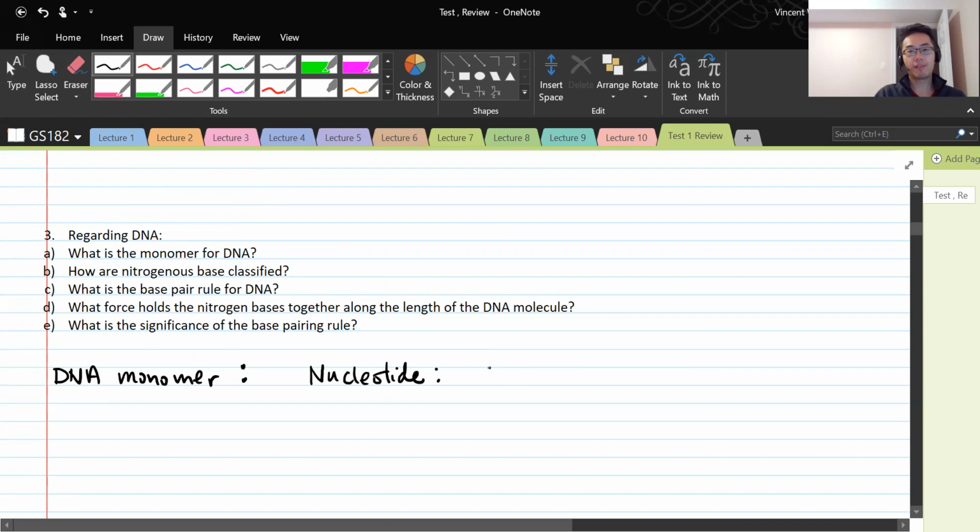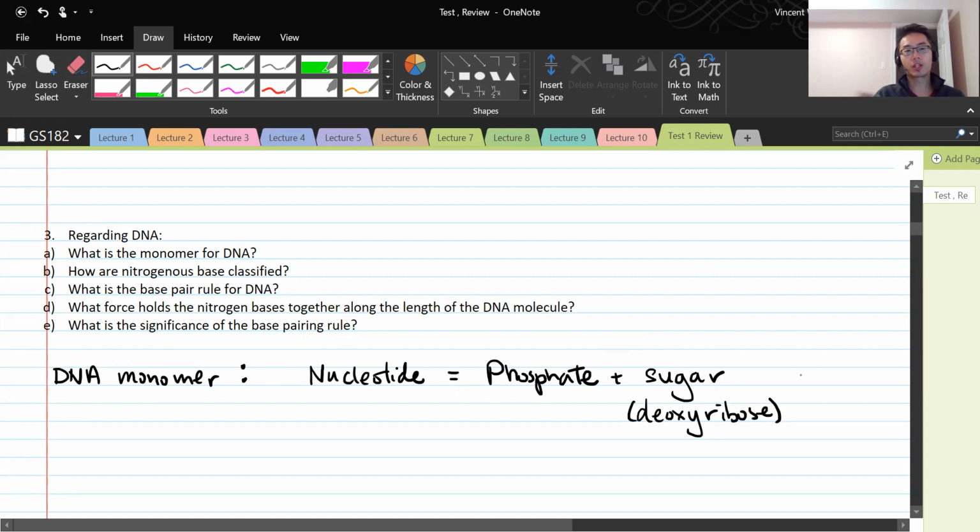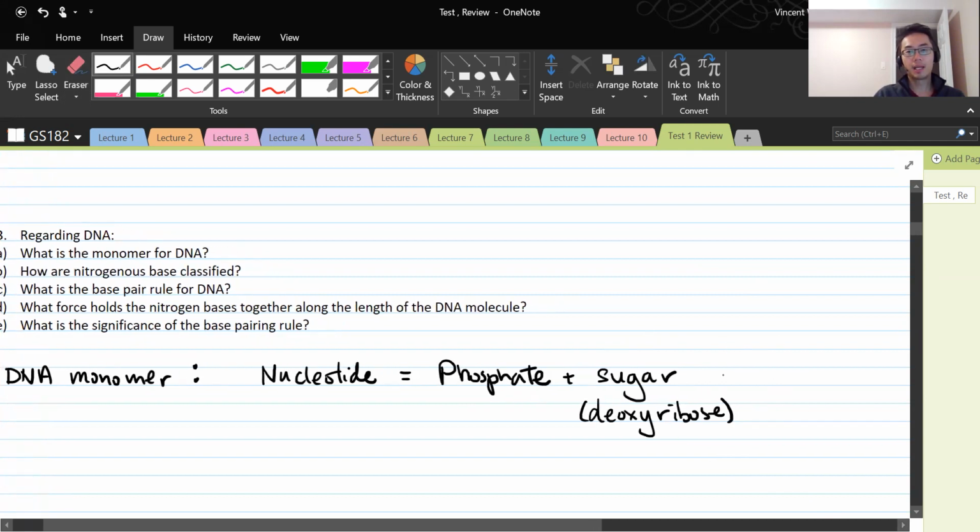There is the phosphate, the PO4 -3. There is going to be a sugar. If we are talking about DNA, then it is deoxyribose. If we're talking about RNA, then it's going to be ribose, right?